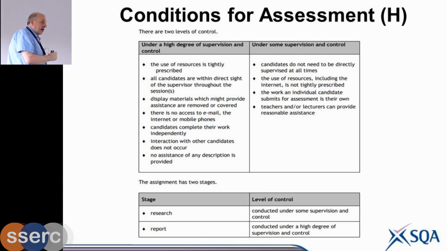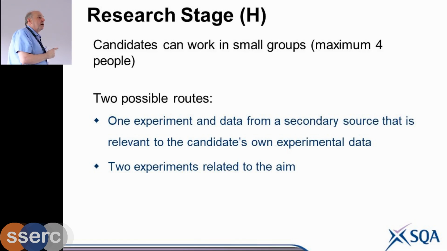Okay? So if that's been agreed, then you need to make sure that they've got that. They might not use it all, but you still need to make sure that you're meeting their needs. And as I mentioned earlier, for the experimental stage, they can work in groups of up to 4. Okay.